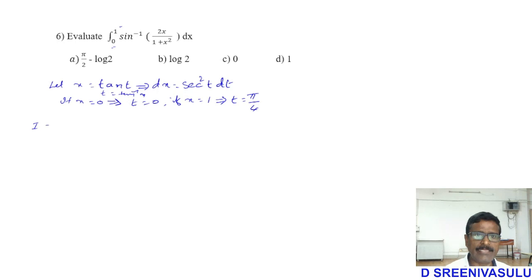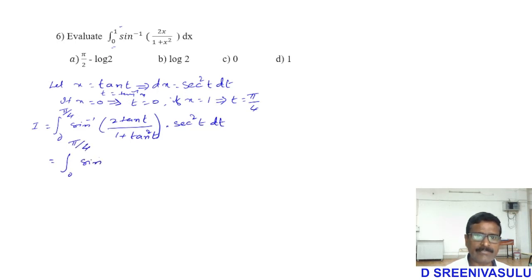Then what will be I? I is equal to integral 0 to pi by 4. We change the limits in terms of t. Sin inverse 2 tan t divided by 1 plus tan square t into what is dx? Secant square t dt. This is integral 0 to pi by 4 sin inverse.